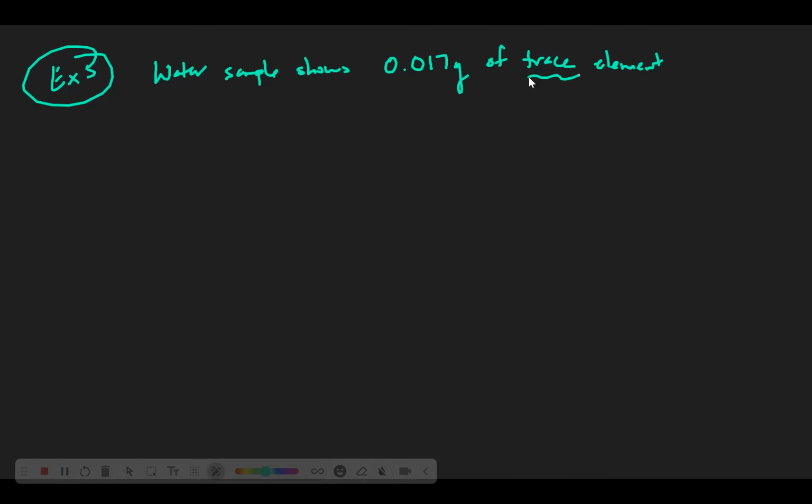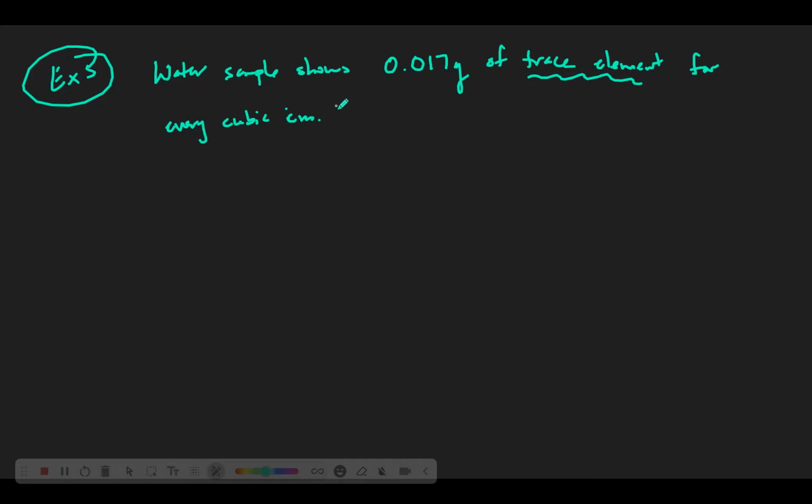And again, I'm a little confused what trace element means. Maybe just some element in the water, right? Trace just means a small amount, I think. For every cubic centimeter.